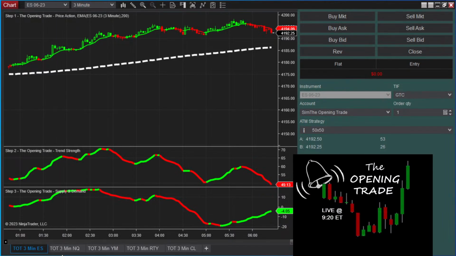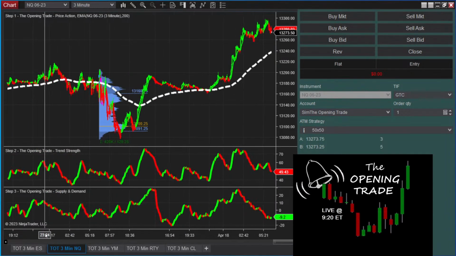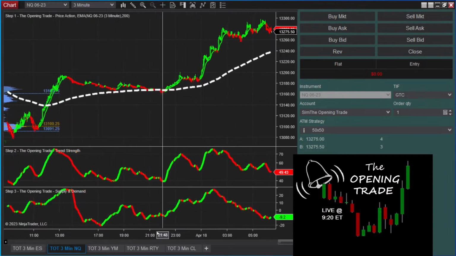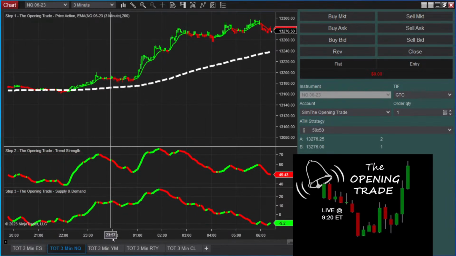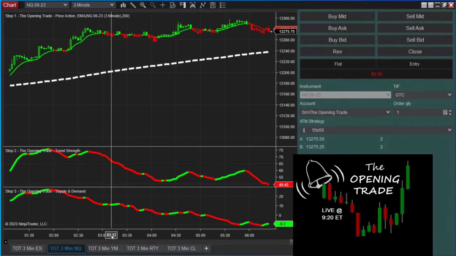Let's take a look at the NASDAQ. All right, so yesterday started roughly here, and start of today. And we're above the 200 period EMA on the NASDAQ.